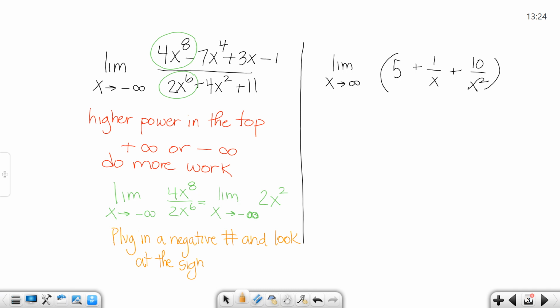If I plug in a negative number into this, 2 times a negative number squared. Okay, what's a negative number squared? Two negatives make a positive, right? So this would be 2 times a positive number, which would give you a positive result. So since you're going to get a positive result here, that means your answer would be positive infinity. And that's how that one would work.